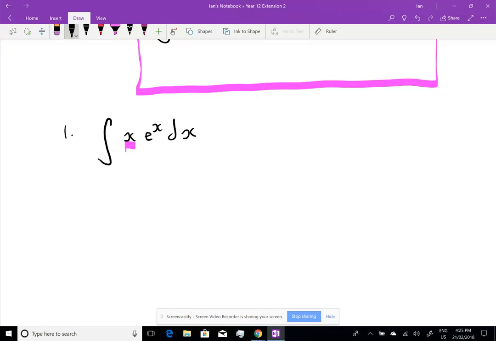So I'm going to let that be my u. Let u equal x. Therefore, u dash equals 1. Now, here's the other thing. That has to equal v dash. So dv dx equals e to the x. So therefore, v equals the integral of that, which also happens to be e to the x.